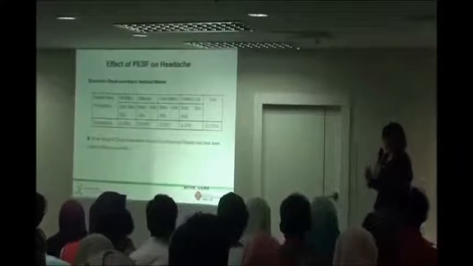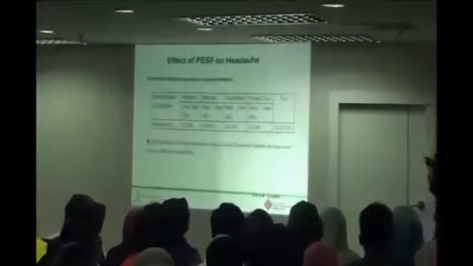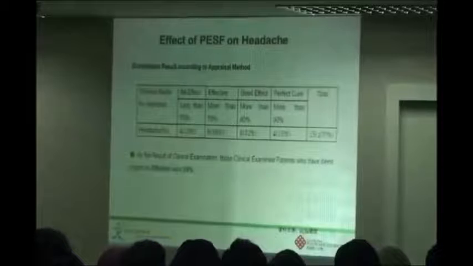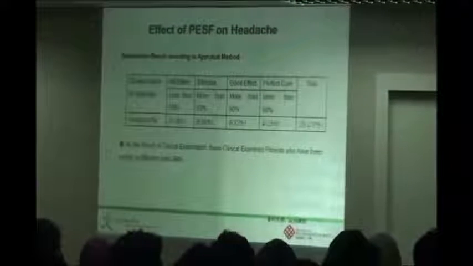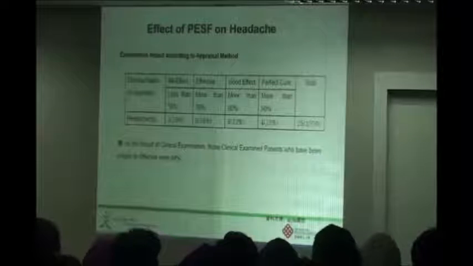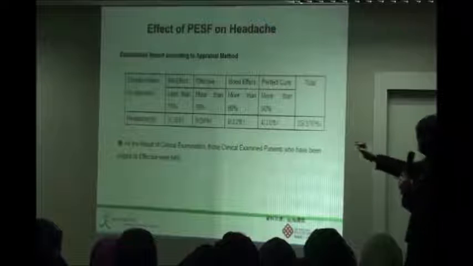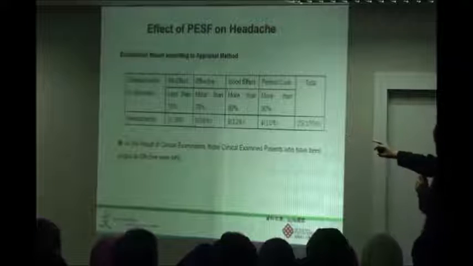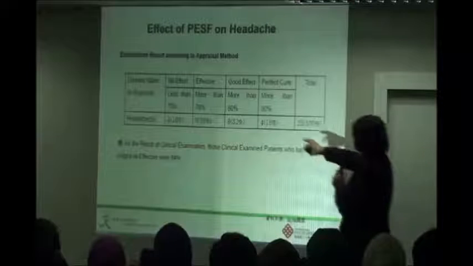Okay, so another indication is headache. This study is using headache. We cannot directly measure the severity of headache, right? We can only ask the patient with a questionnaire. The questionnaire was given to 25 subjects here.